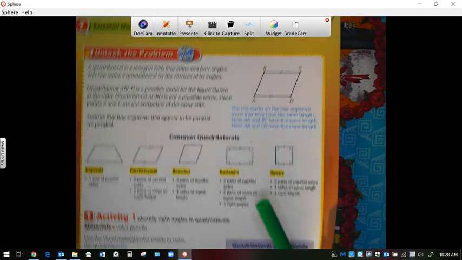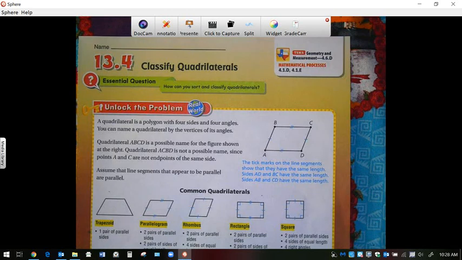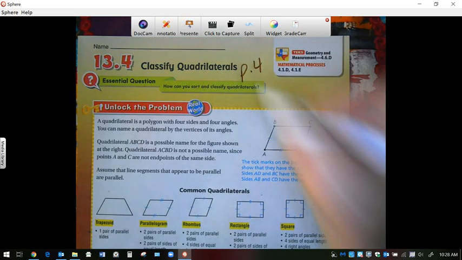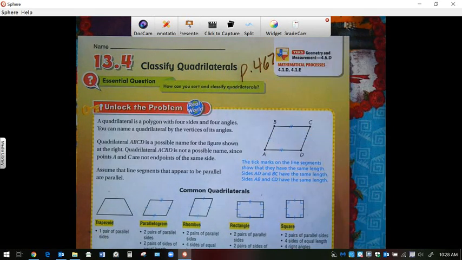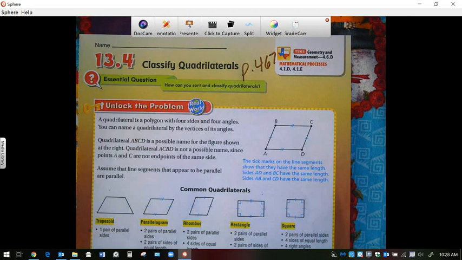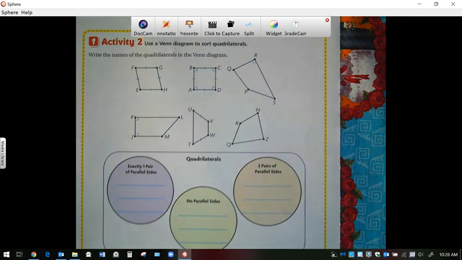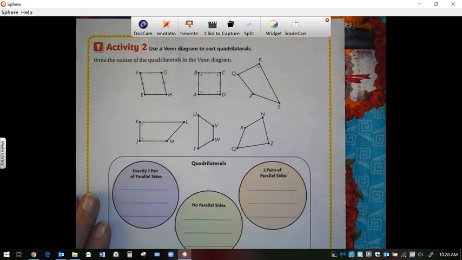Your key features are also on your lesson page, classify quadrilaterals, and this is on page 467. This is the second part of your homework for this week, your lesson for this week. And like I said, here are some key features. On the back, you're going to use the Venn diagram to sort the quadrilaterals.